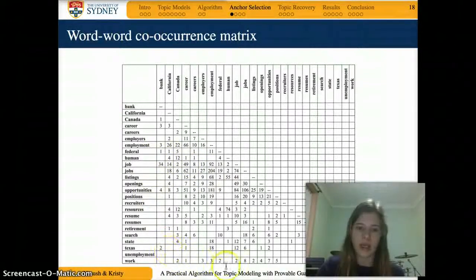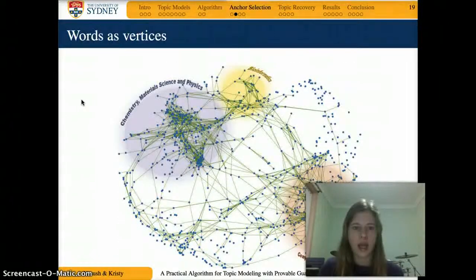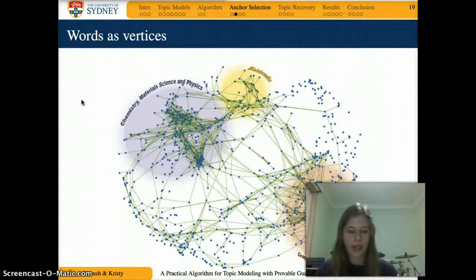So we take this word-word co-occurrence matrix as an input to our anchor selection process. And what we do is we take these word-word counts as a point in V dimensions. That's however many words in the vocabulary, V. So we take it in V dimensions and we plot all these points.